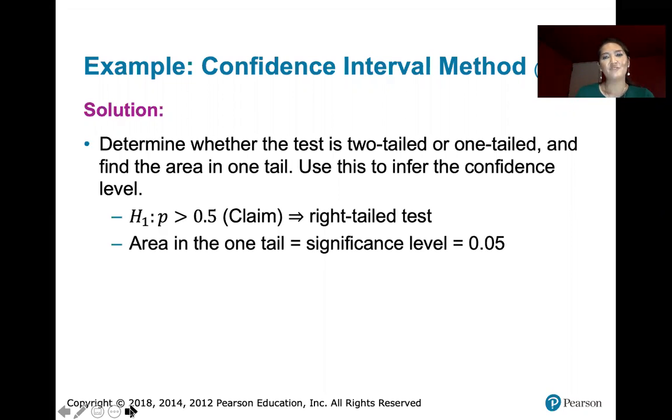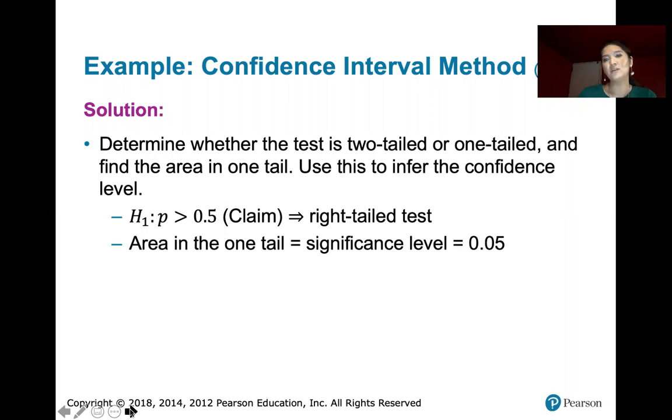Whenever we come up with a confidence interval, the area in the tails needs to be symmetric. Even if the area in the tails was not symmetric when we were using this one-tailed test with the p-value or critical value methods, it's always two-tailed for confidence intervals.